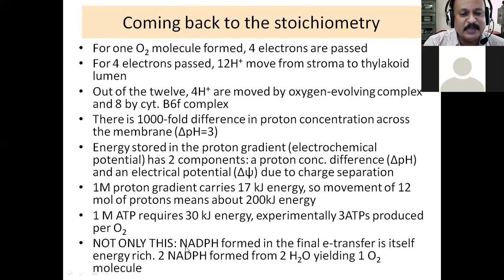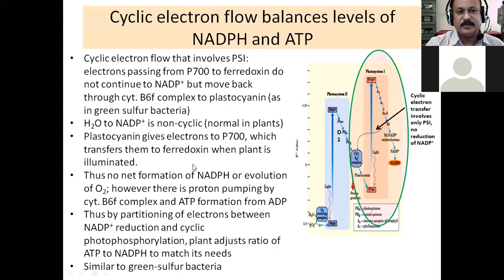One more thing I have written here is that NADPH, which is formed in the final stage of electron transfer, is itself an energy rich molecule. And that leads us to say that enough energy can be produced in photosynthesis. Then I have already been talking about this part, that NADPH and ATP, these two components are balanced.